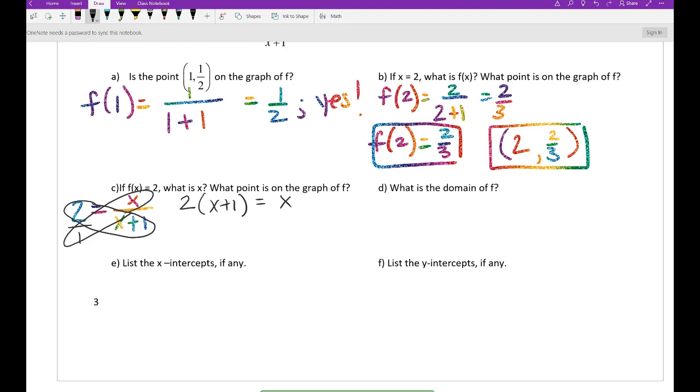Solve for x. Please share your answers. I'm just going to call on you.